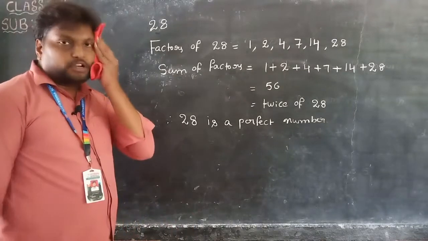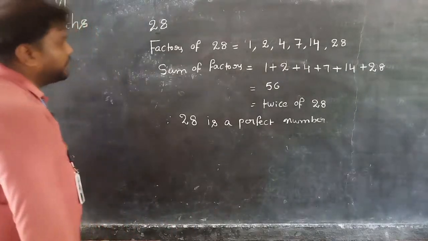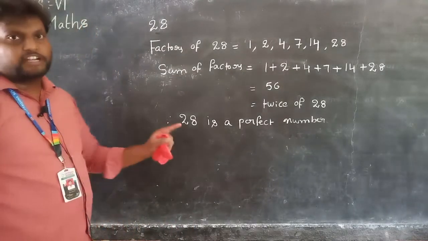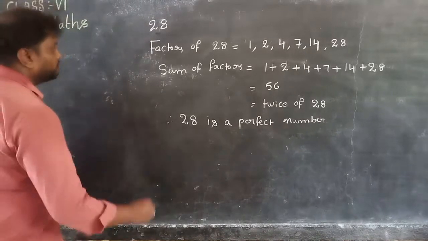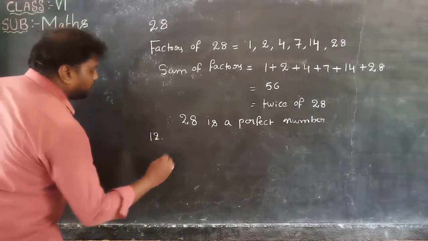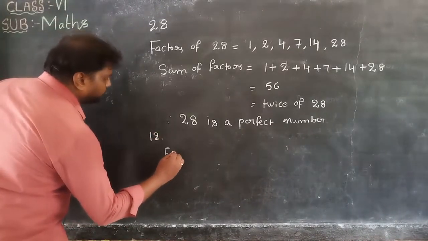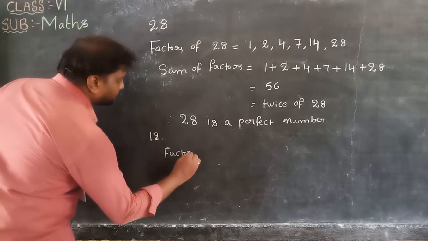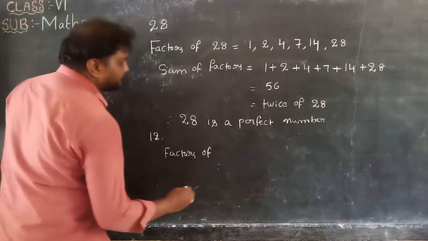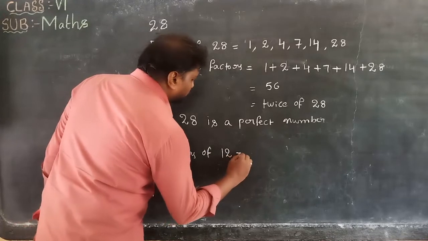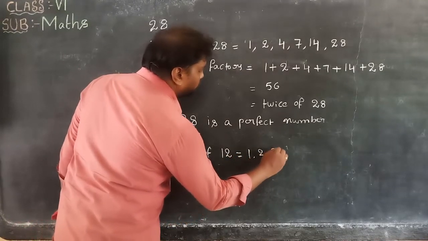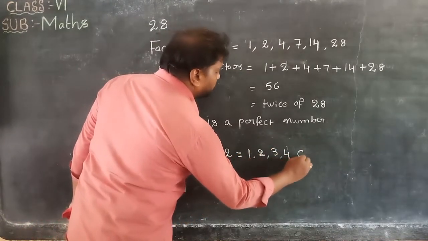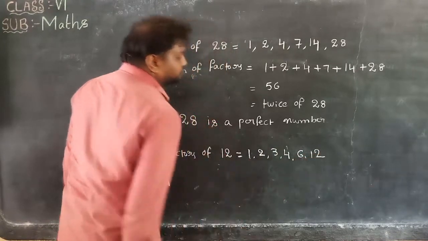Now we'll check one more number, 12. We have to check whether 12 is a perfect number or not. The factors of 12 are 1, 2, 3, 4, 6 and 12.